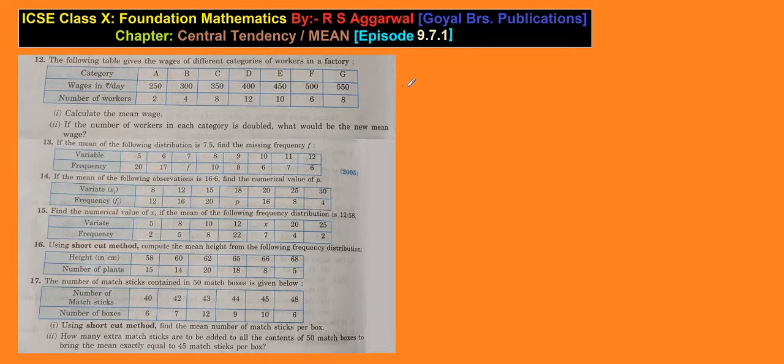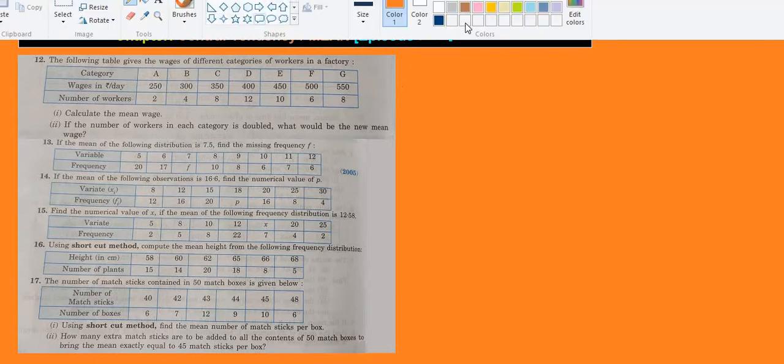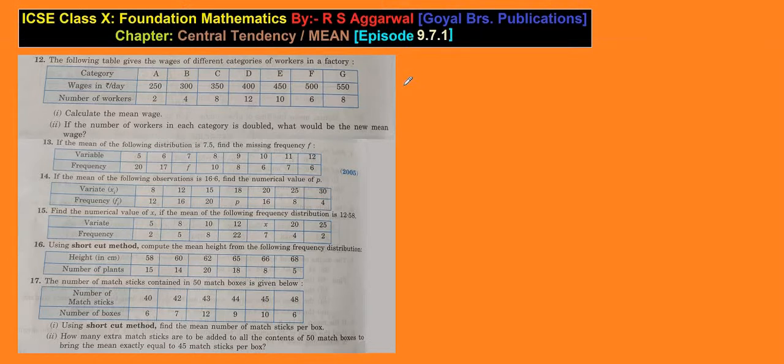Question number 16 is with the help of the shortcut method. So we'll start here. Answer number 16 by shortcut method. x bar is equal to assumed mean plus sigma fi di upon sigma fi.